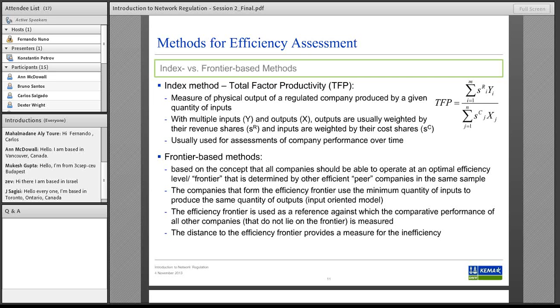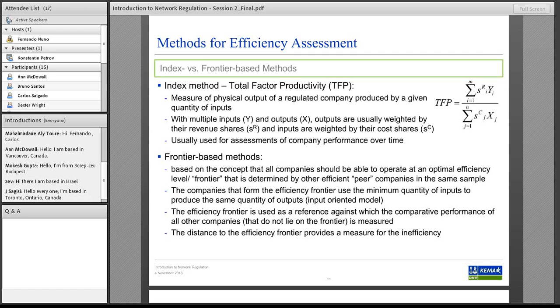The second group, deterministic and stochastic parametric models, that is regression, the statistical models, and the DEA, usually are used in the context of the so-called frontier approaches. It means that we are looking at the company which is best performing, and in this case, every other company is compared with the best performing company or companies in the sample.